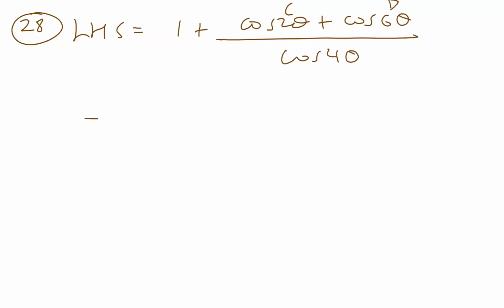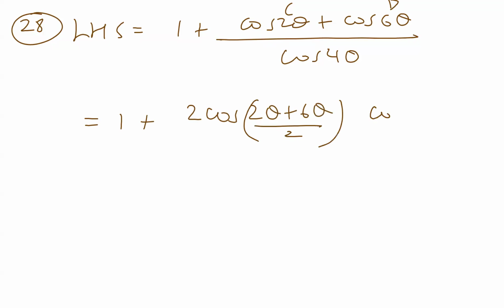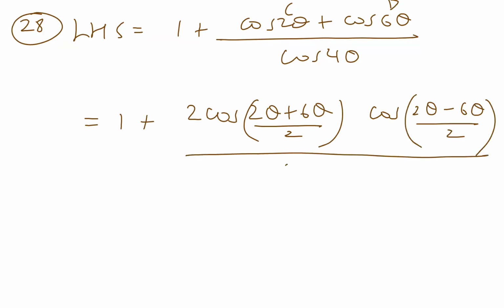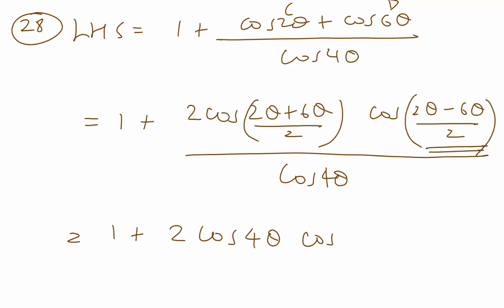So cos C plus cos D is equal to 2 cos (C plus D) by 2 and cos (C minus D) by 2 upon cos 4 theta. So this is 1 plus 2 cos 4 theta, and this will be cos of (2 theta minus 6 theta) is minus 4 theta upon 2, which is cos minus 2 theta, upon cos 4 theta.